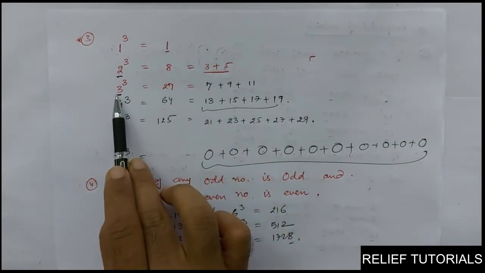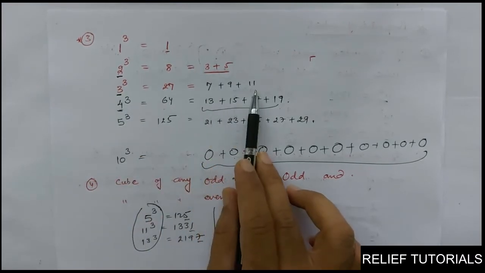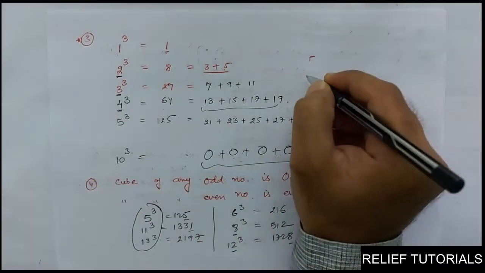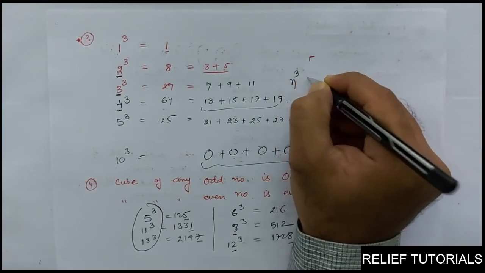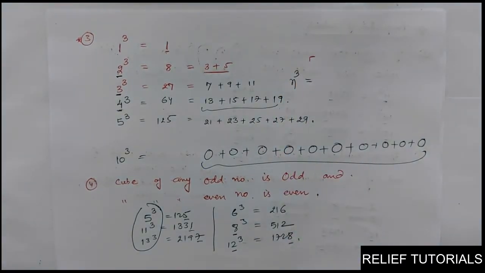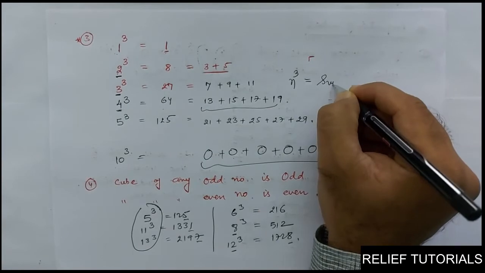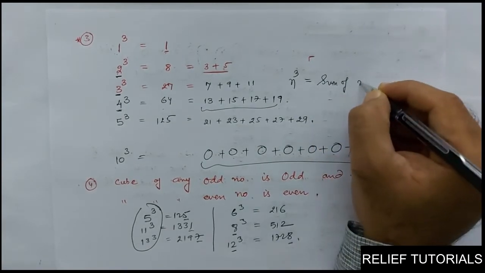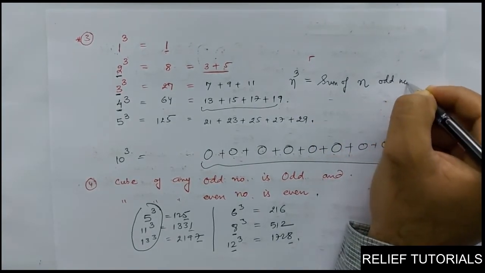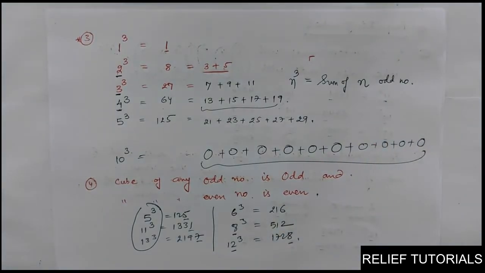Cube of 3 can be represented as the sum of 3 odd numbers. So if I say n cube, it is the sum of n odd numbers.